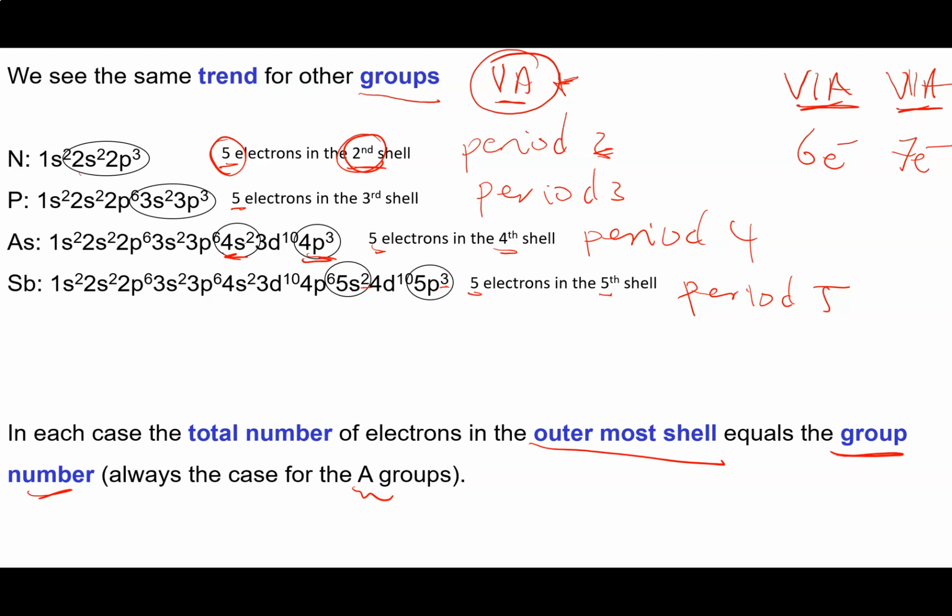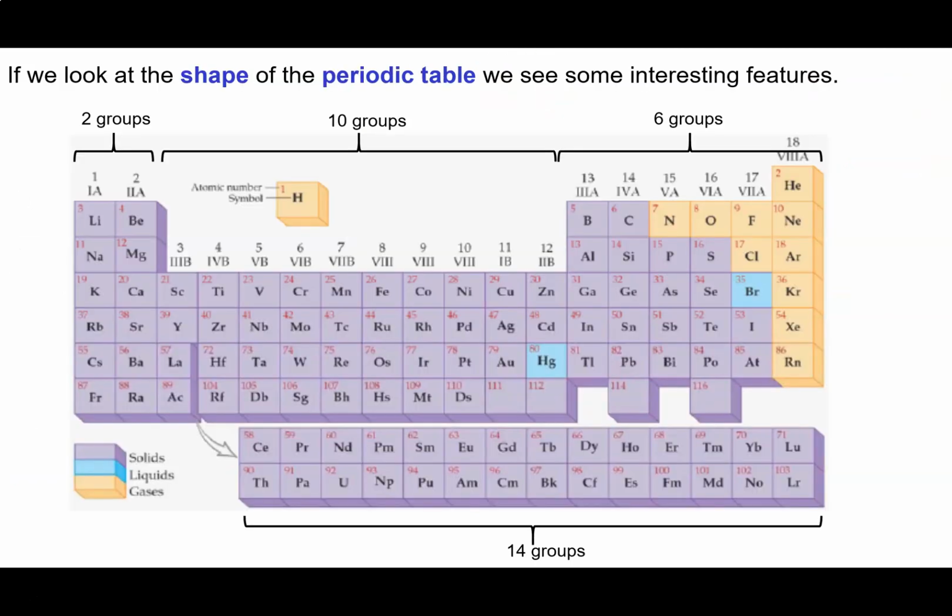So it definitely seems that the arrangement of the elements in the periodic table is directly related to the electron configuration as predicted by Schrödinger and other people that developed the quantum mechanical model. So that's really cool. Now, if we look at the periodic table and consider its shape, and keep in mind that the periodic table was invented before we ever knew anything about protons, neutrons, or electrons, let alone shells, subshells, and orbitals, we see that there's kind of like 4 main blocks to it.